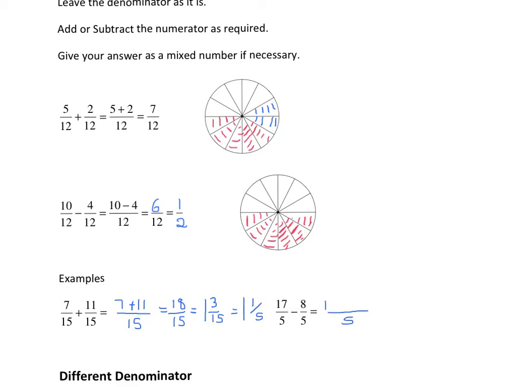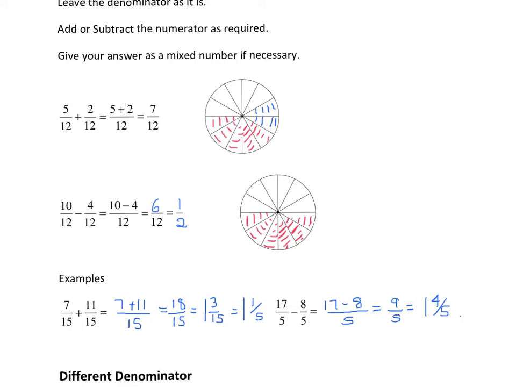All we need to do is to operate on the numerators. So 17 take away 8 is 9/5. It's an improper fraction. Change it to a mixed number, 1 and 4/5, and we don't need to simplify that one any further.